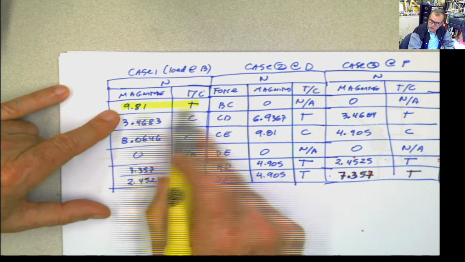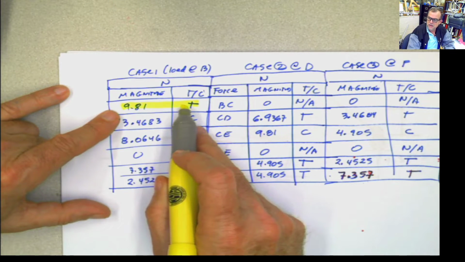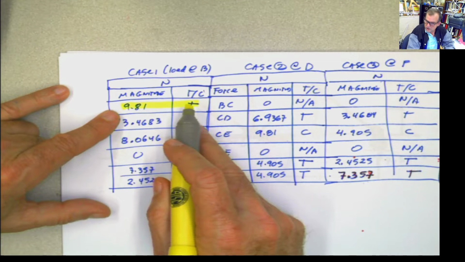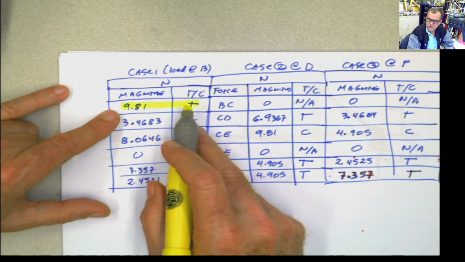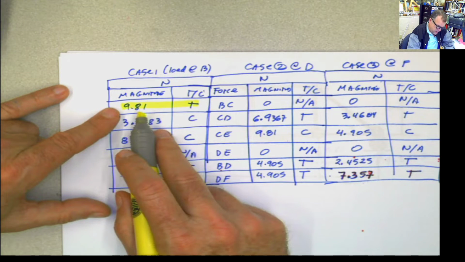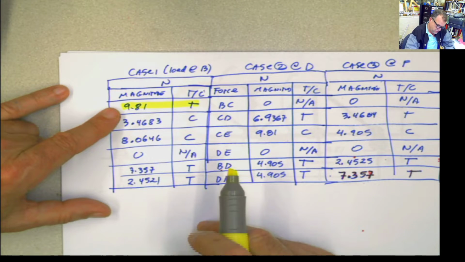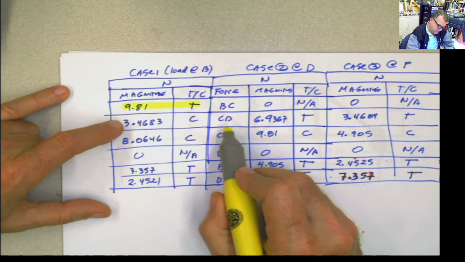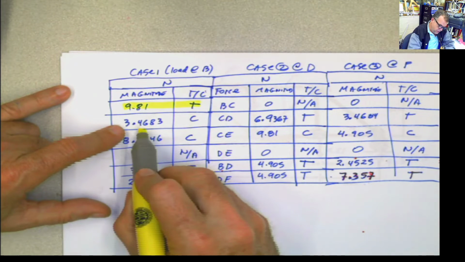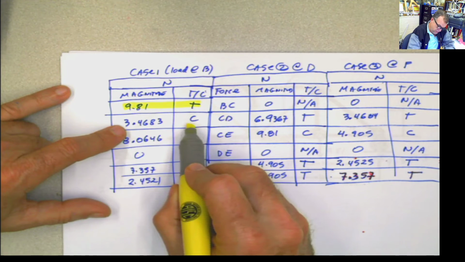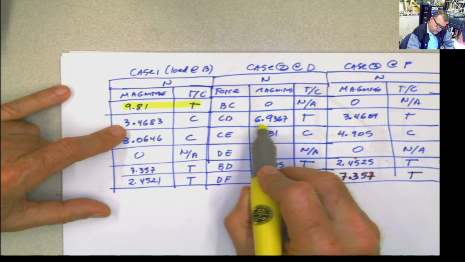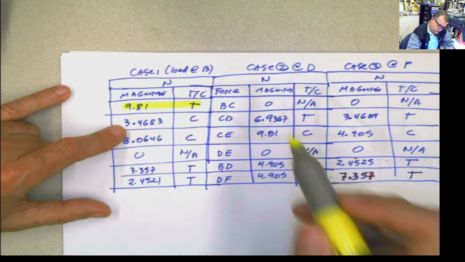So definitely when I do the design, I have to consider that steel or wood or whatever material, plastic, I don't know what the material is for that truss, but I have to know that that bar is going to be subject to that load in tension. Now when you study CD, look, you have 3.4683 in compression, but you also have 6.9367 in tension.